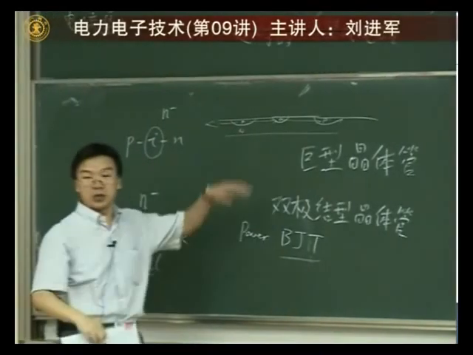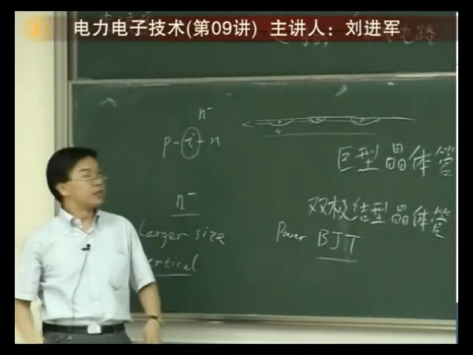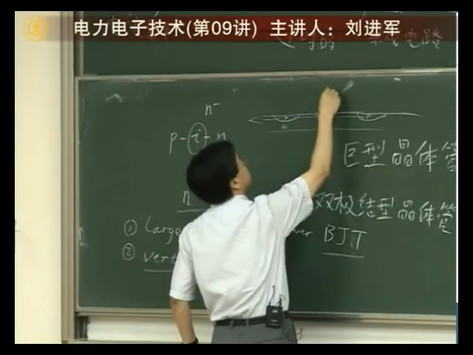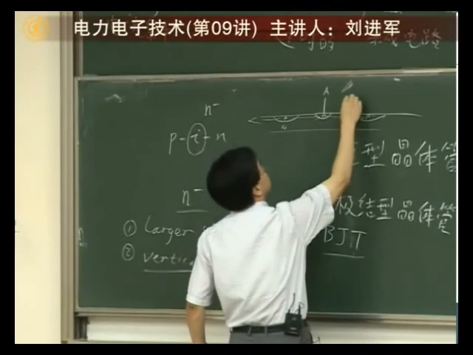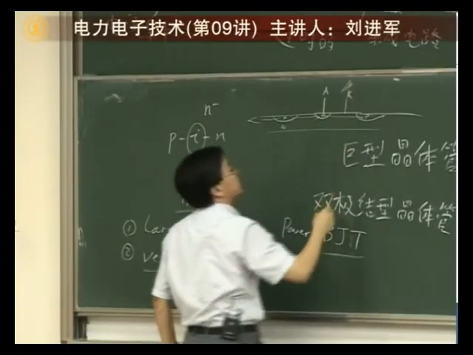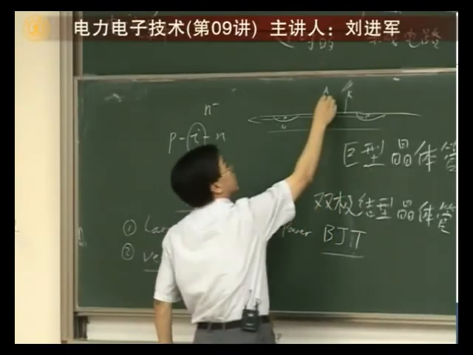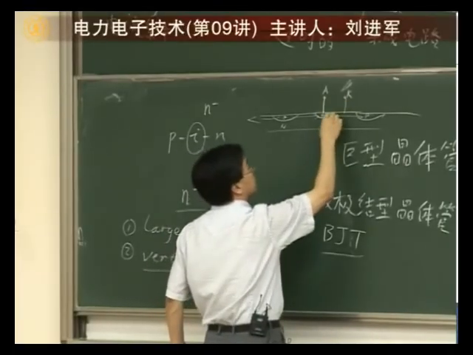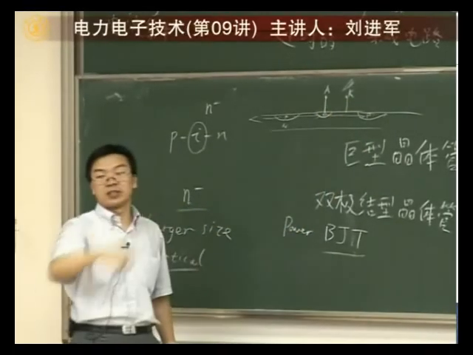You put a, let's see, this is anode terminal, and this is cathode terminal. So when you apply voltage between A and K, the current is flowing along the surface, parallel.